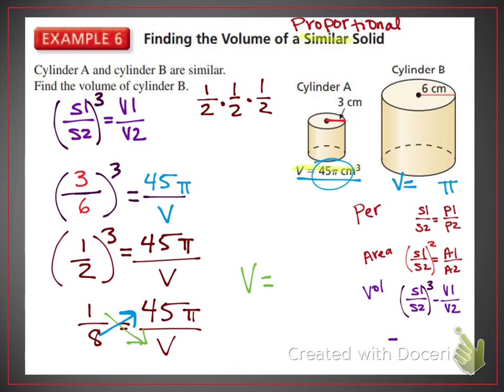No, it's 45 times 3.14. It just hasn't been multiplied times 3.14. So when you cross multiply, you're going to multiply 8 times 45, and then you'll tack the pi on at the end. You're still multiplying times the pi, you are just not typing in 3.14. Okay, what is 8 times 45? 360. So 360 pi centimeters cubed.